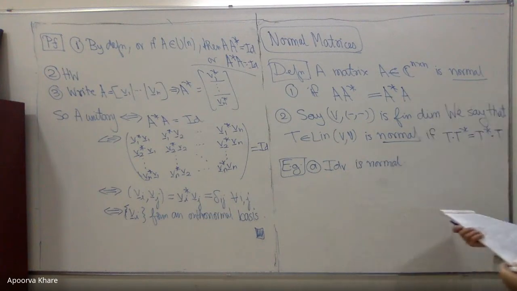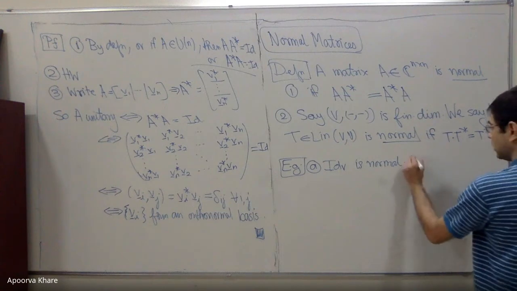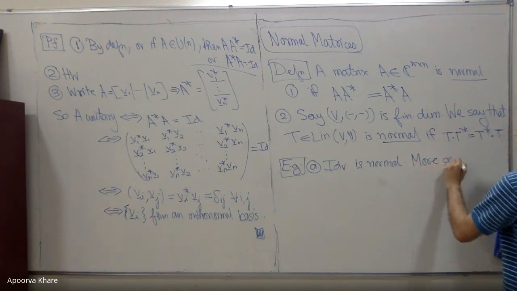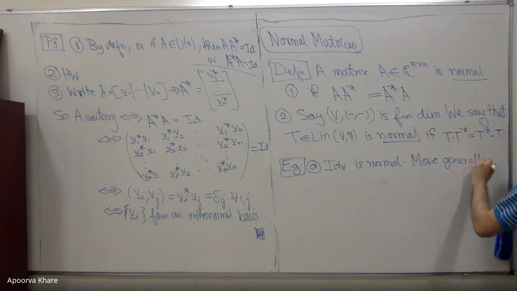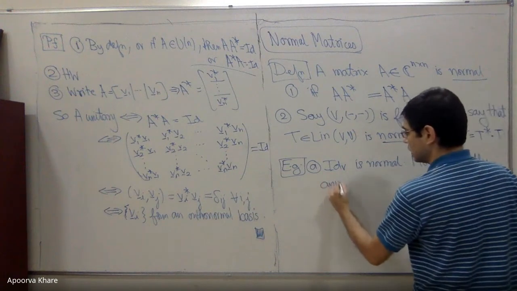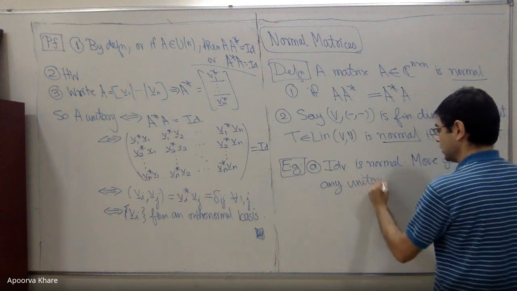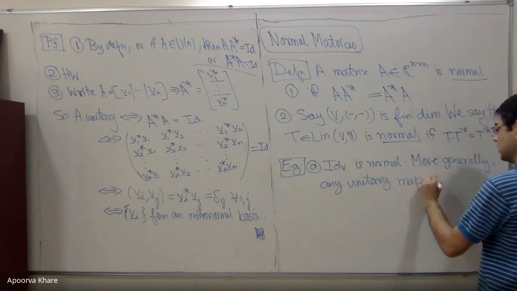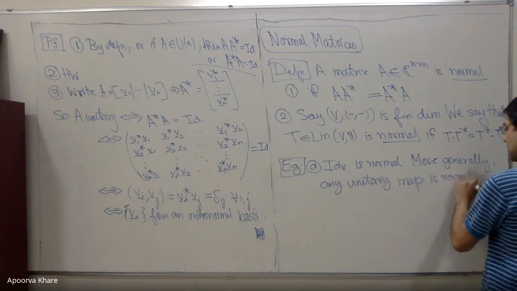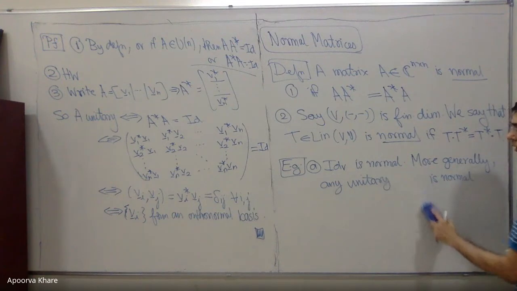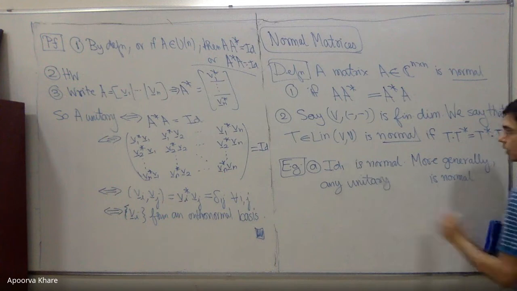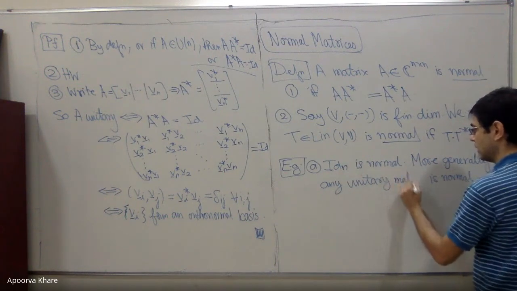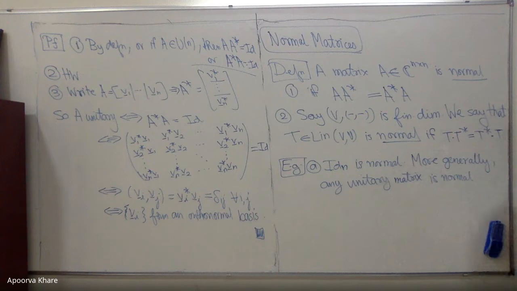Now there are two ways to generalize this. One is to say that the identity map is unitary, and in fact any unitary map is normal. And the unitary matrix is normal, sorry. Let's call it identity N. Because it's finite dimensional, I can talk about this thing. In general, let me just say unitary matrix.